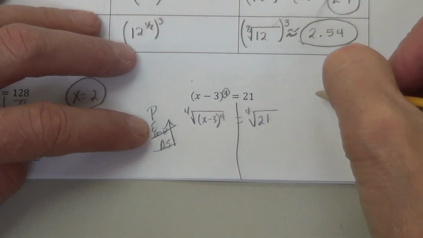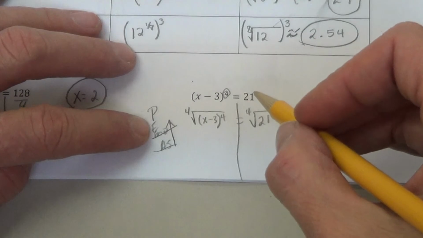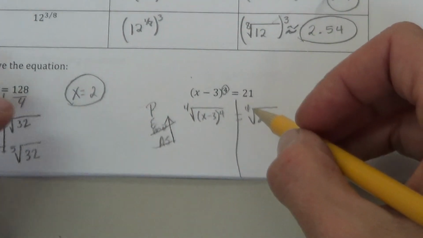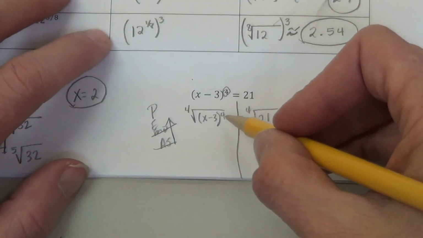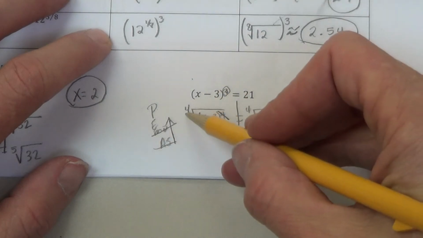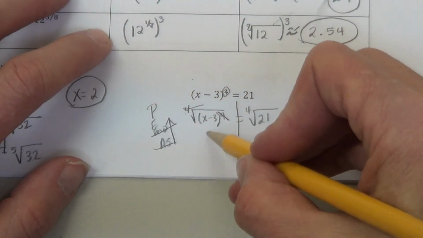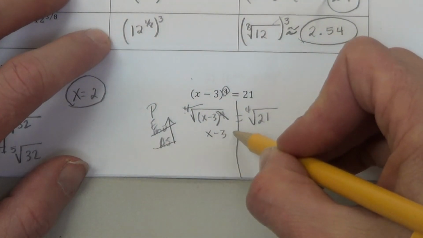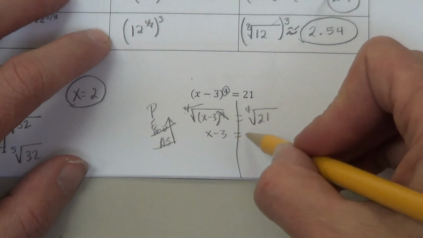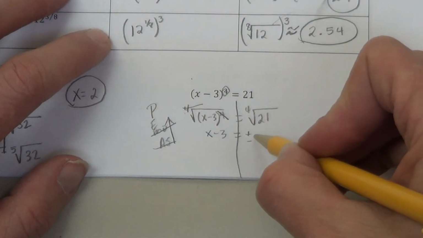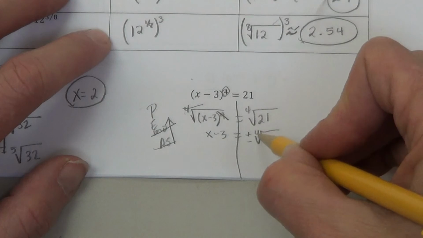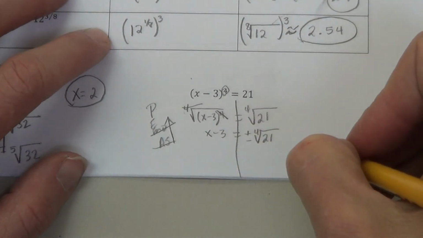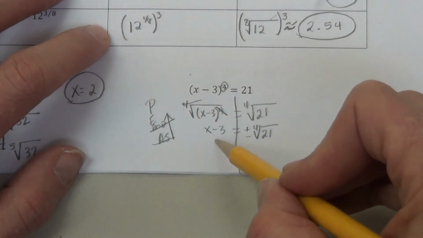Okay? So we go ahead and we wipe out the exponent with the root. We get x minus 3 equals, now with the even root, it's a plus or minus 4th root of 21. Now we add 3 to each side.